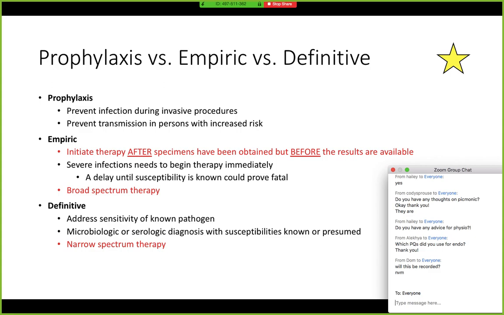So the difference between empiric and definitive therapy, something that they really like to test on in cardio, I believe, is the fact that you should draw your specimens, so you draw your blood cultures, prior to initiating empiric therapy. Does anyone know why that's important?